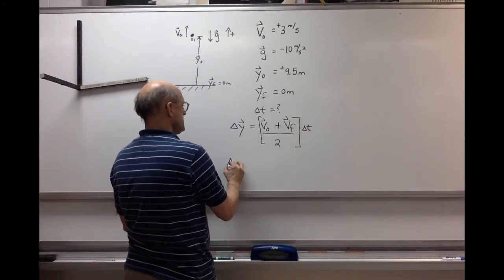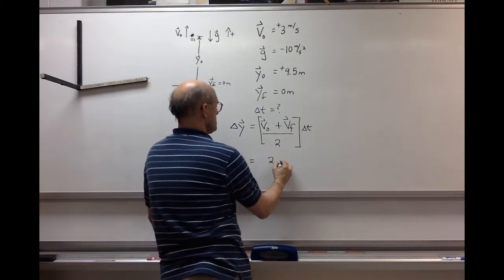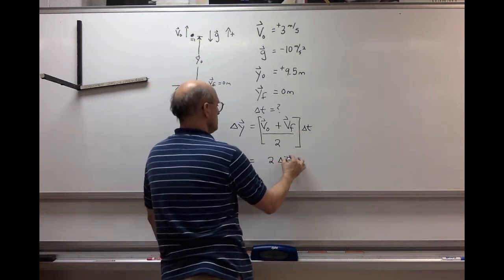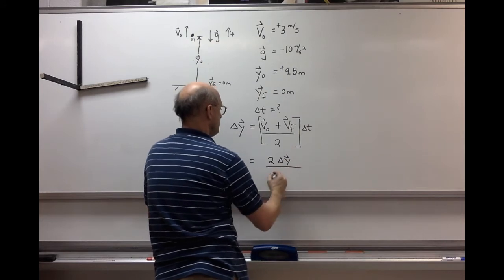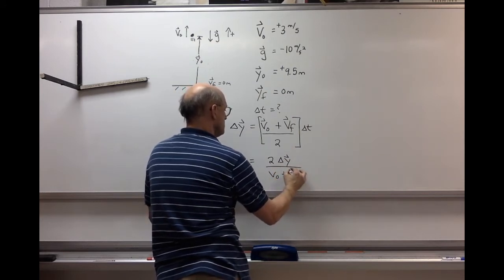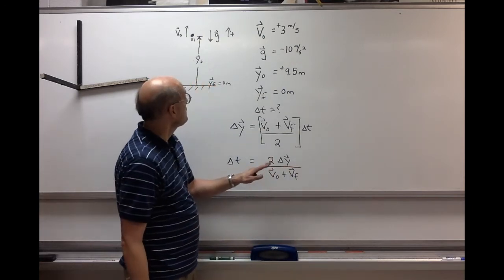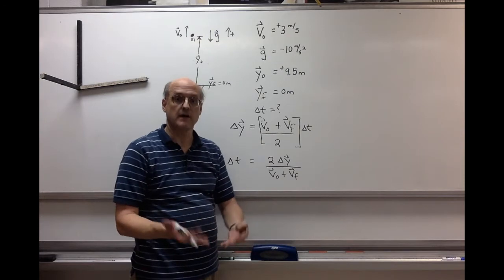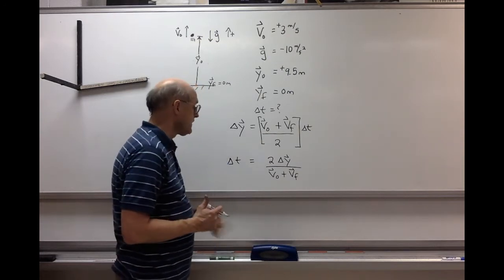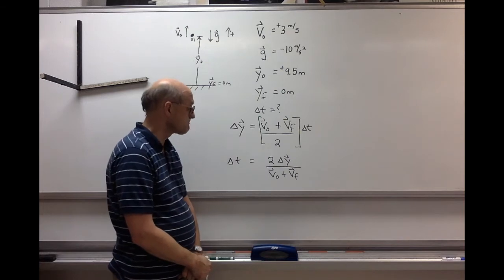So we get delta t is equal to 2 times delta y divided by the original velocity plus the final velocity. So we know delta y, that's yf minus yo. We know VO, that's positive 3 meters per second.